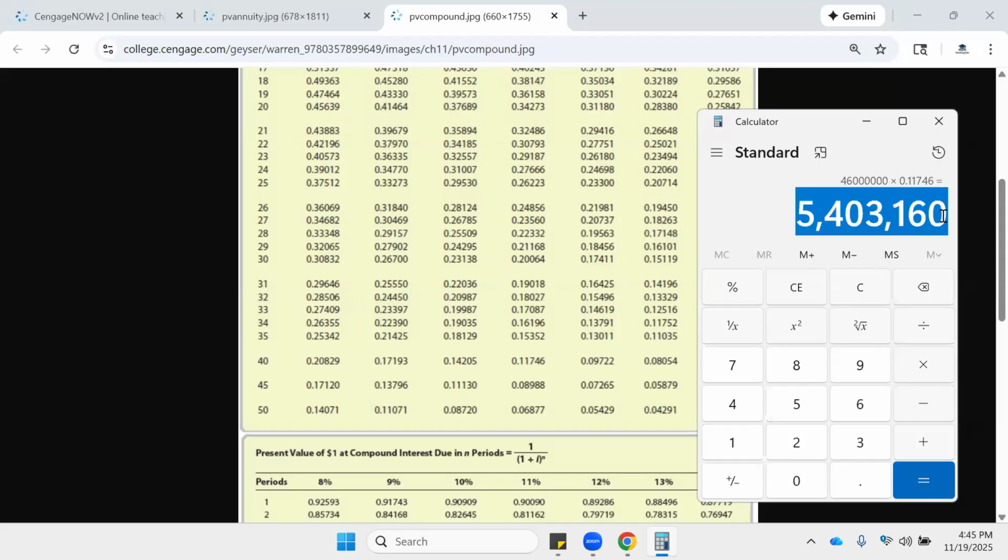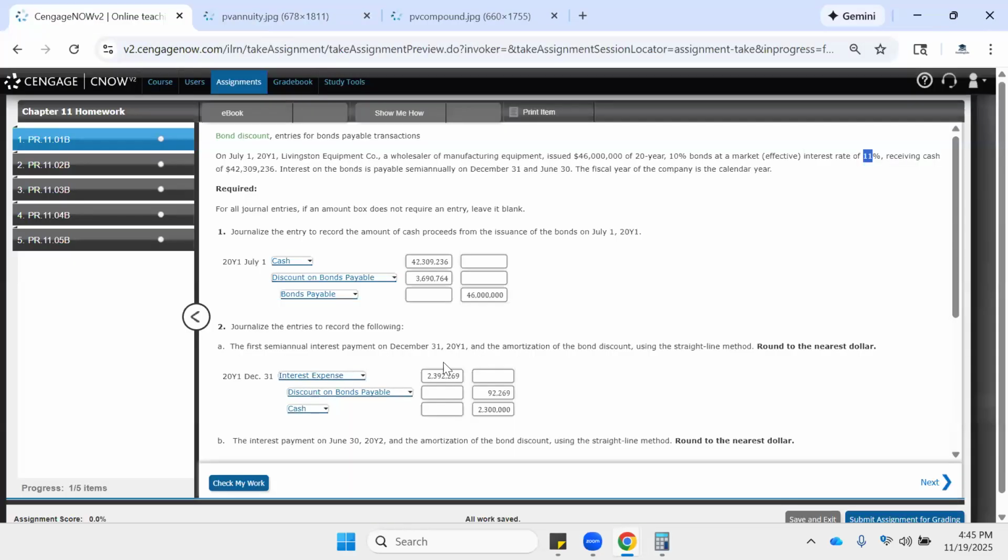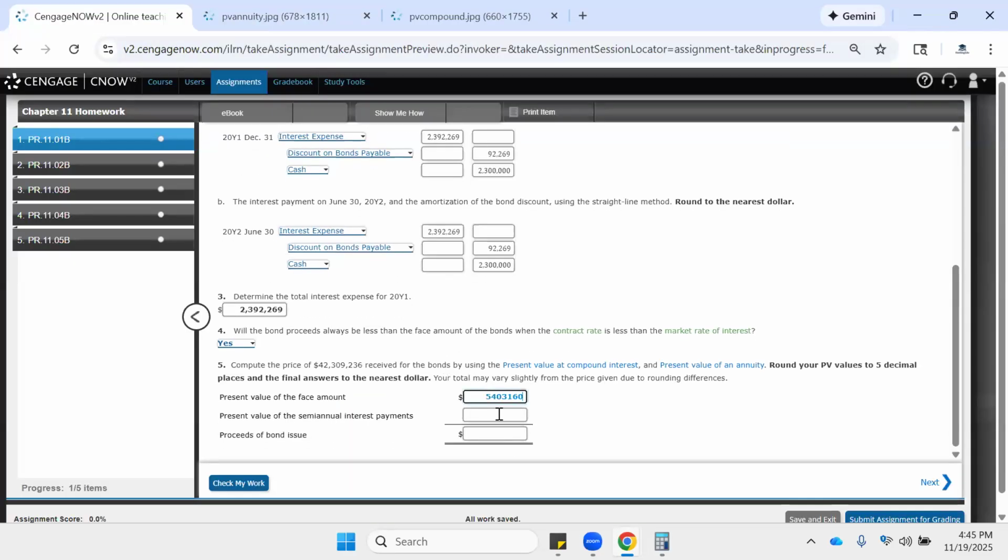And we get the present value of the face amount is 5,403,160.